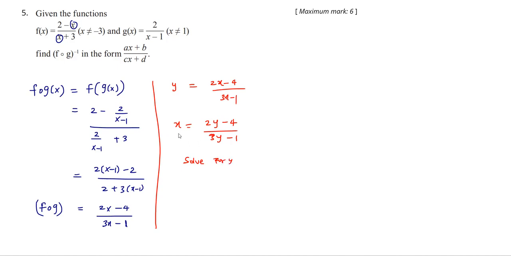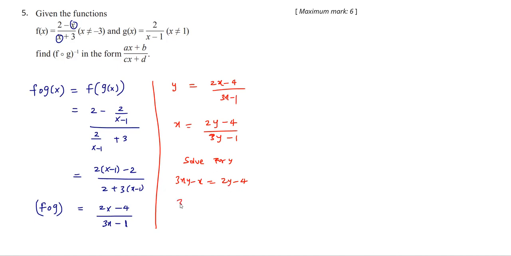So cross multiply. If nothing is there, 1 you can think. This goes here, this comes here. Okay. So which is nothing but x times 3y. 3xy minus x is equal to 2y minus 4. We are looking for y. So both y terms together.